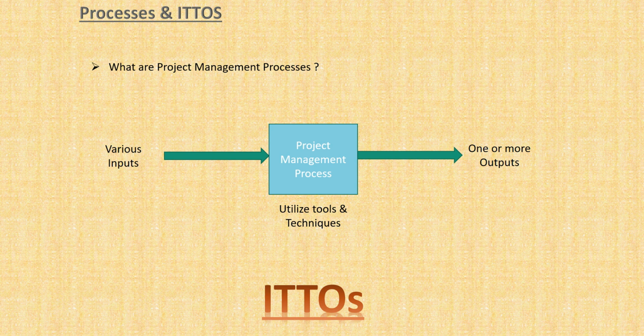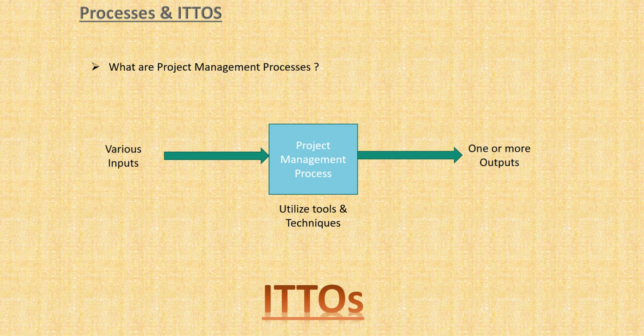If you talk about any project in project management, you will have associated ITTOs for each and every process. We have ITTOs for, say, develop project charter. We have ITTOs for develop project management plan. We have ITTOs for monitoring and control, etc.